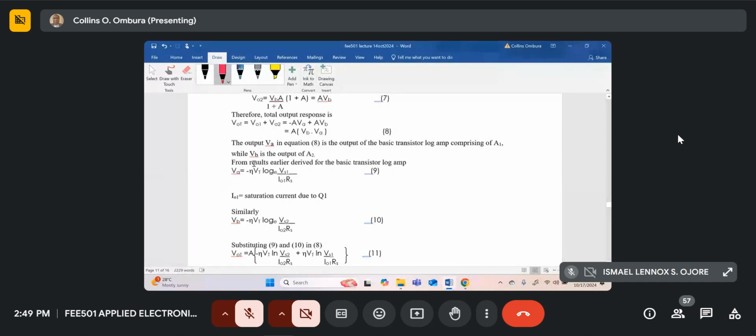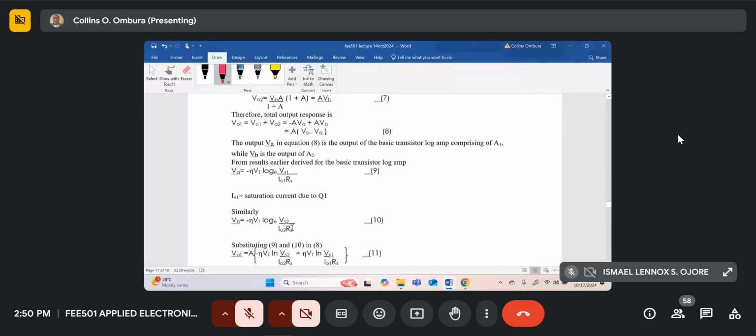Here I've just said that from the earlier results derived for the basic transistor log amp, VA is minus neta VT log to the base e, VS1 over I01 into RS, where I01 is the saturation current due to Q1. And similarly, for the second log amp, its output VB is minus neta VT log to the base e, VS2 over I02 into RS, where I02 is the reverse saturation current of the second transistor.